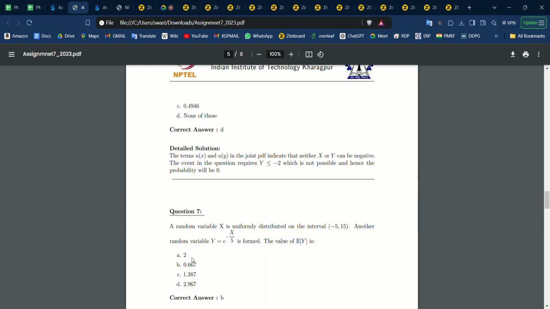Another random variable y equals e^(-x/5) is found. The value of the expectation of y is. Okay, so the expectation of e^(-x/5). Let's do it in 2 minutes. First you try for 2 minutes.